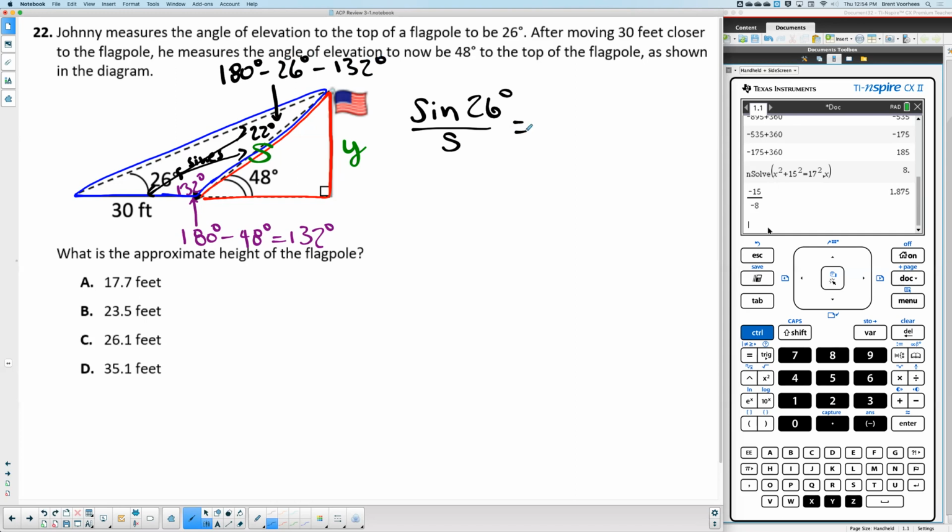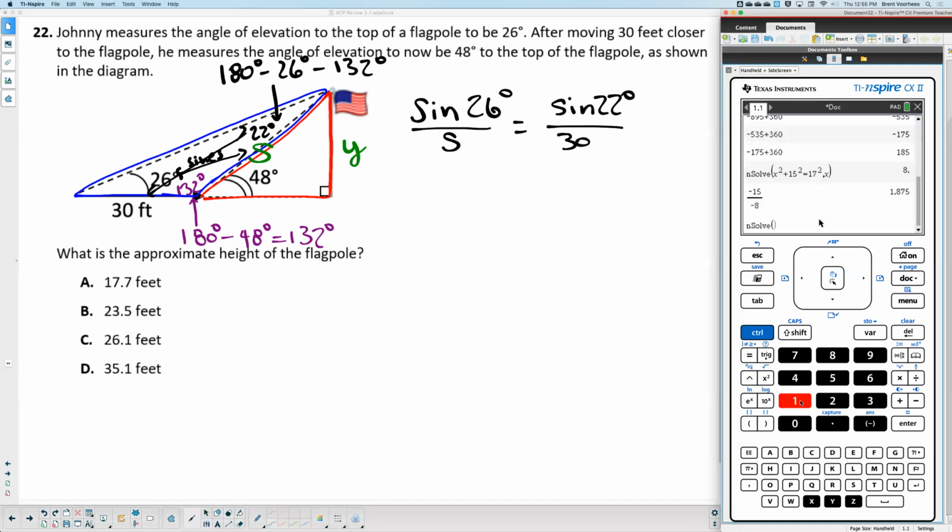So the completed set is over 30. We're going to solve that. Sine 26 degrees over s equals sine 22 over 30, and I'm solving for s.